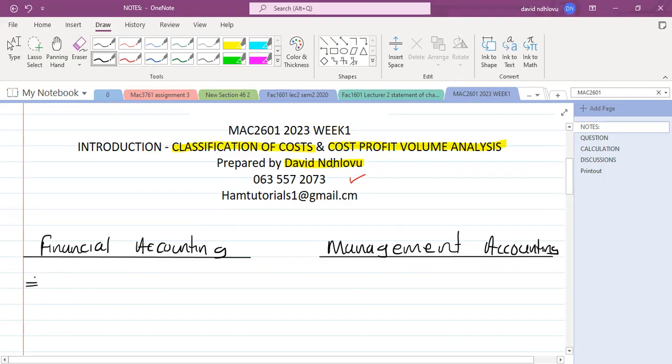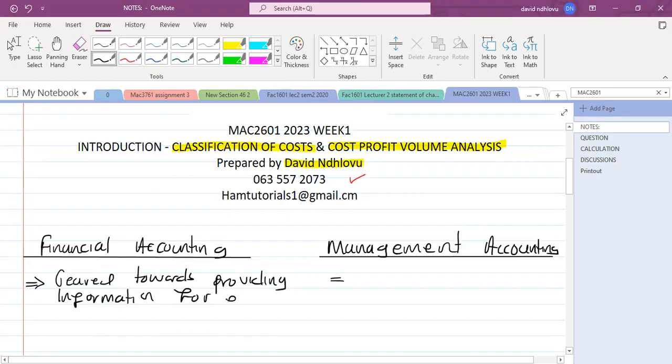Where financial accounting is concerned, this is geared towards providing information for external and internal users.